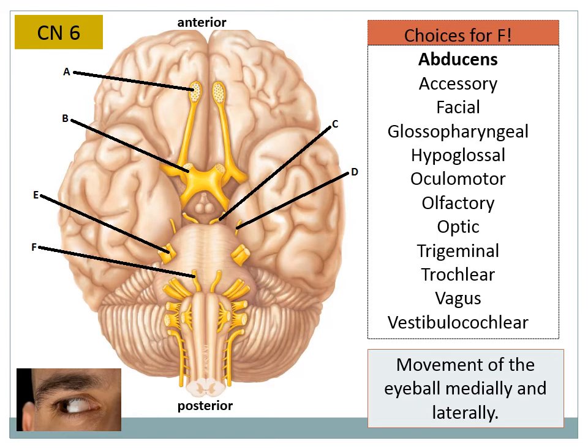You can remember this if you think of abduction, right? Abduction is moving away from your body. So you can move your eyeballs towards your lateral and your medial side. That's what your abducens does. I remember that abducens is number 6 because you have 6 ab muscles. Think of a 6-pack and think of your abs. So moving your eyeball medially and laterally is number 6.